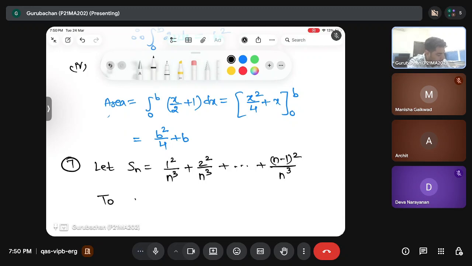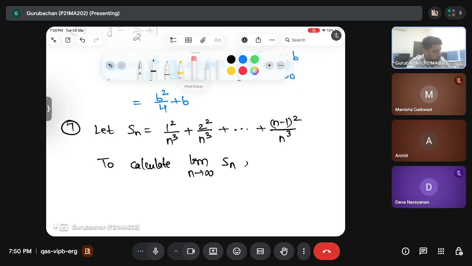To calculate the limit as n tends to infinity of this Sn, or simply I would ask, calculate this sum.